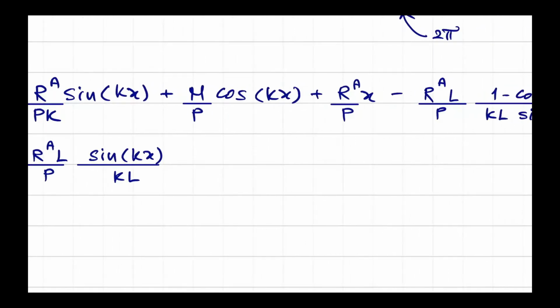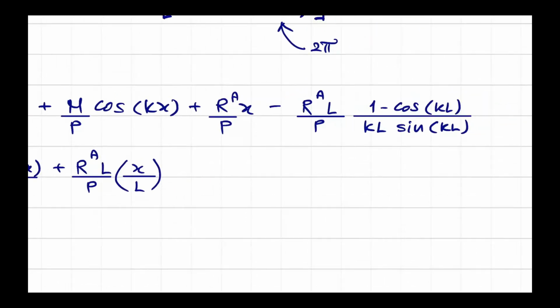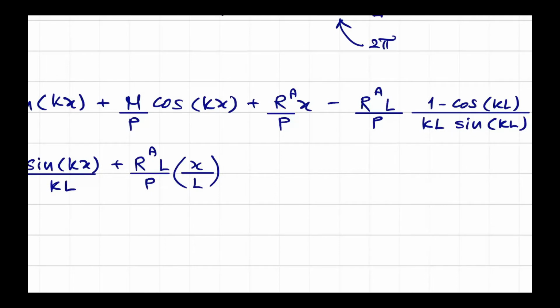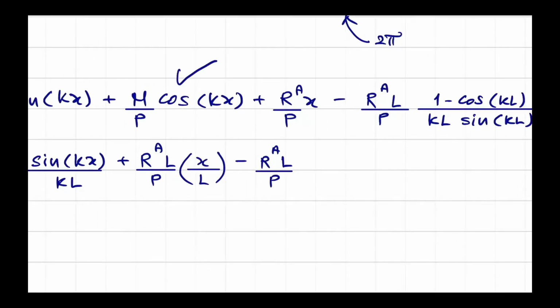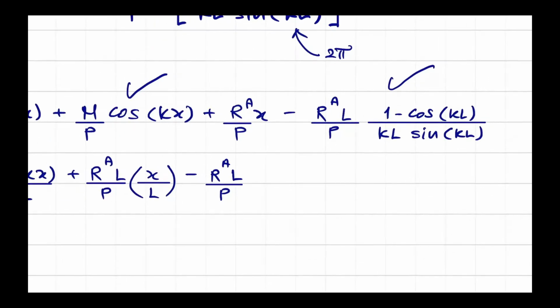The second term here, plus RAL over P multiplied by x divided by L. And then the third term, minus RAL over P, which is the combination of this one and this one.